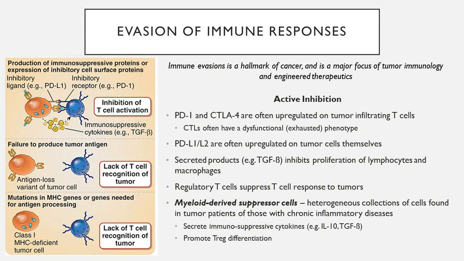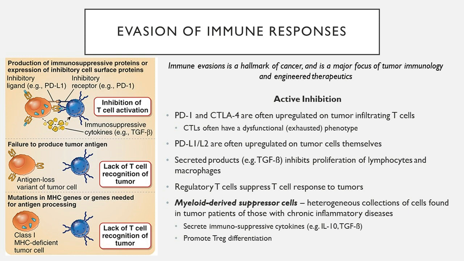So this one we've already talked about a little bit before, in that PD-1 and CTLA-4 are inhibitory mechanisms, and these inhibitory mechanisms are often upregulated on tumor-infiltrating T cells. This results in a dysfunctional or exhausted phenotype of these cells because they no longer work. They're being inhibited by the tumor cells because these tumor cells have upregulated the expression of these ligands.